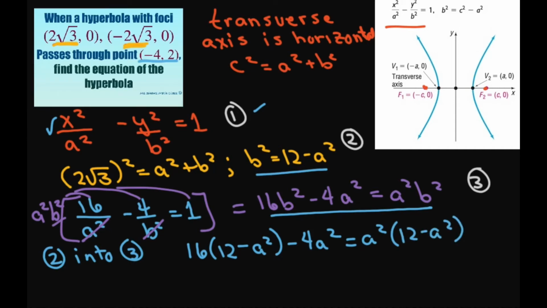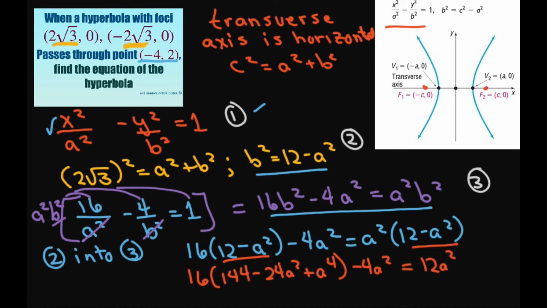So everywhere there was a b squared, I substituted that in. Simplifying this, we'll get 16 times this, which is 144 minus 24a squared plus a to the power of 4, and then we have minus 4a squared. On the right-hand side, we get 12a squared minus a to the power of 4.